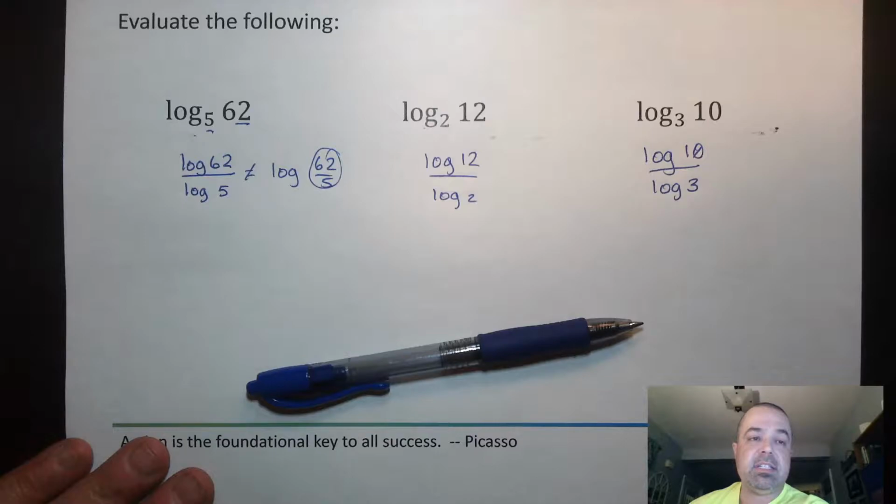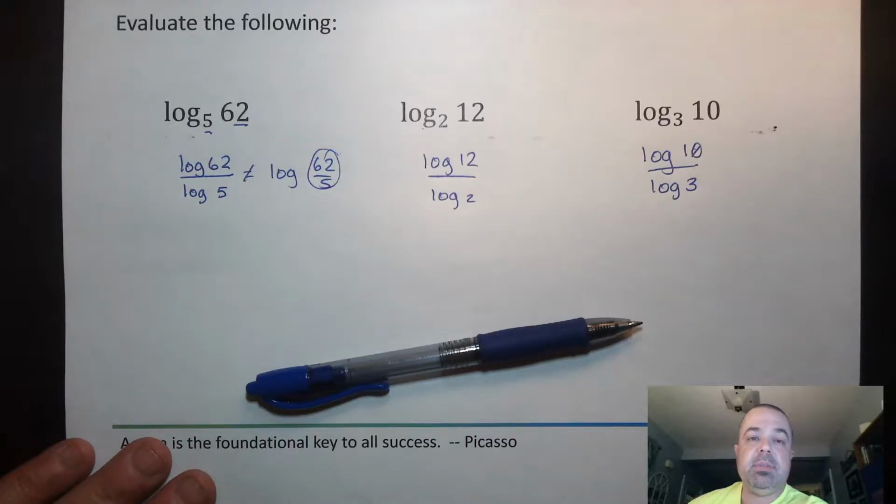Tomorrow, Wednesday, the 27th, an Edpuzzle will post of this same exact video with some embedded questions. I want you to go through, answer those questions, and then the Edpuzzle will let me know that you did it. And then on Thursday, you're going to get a worksheet that covers some of these problems, both some of the simple logarithms where you're able to figure it out without a calculator, and then some which you're going to have to use the change the base formula.